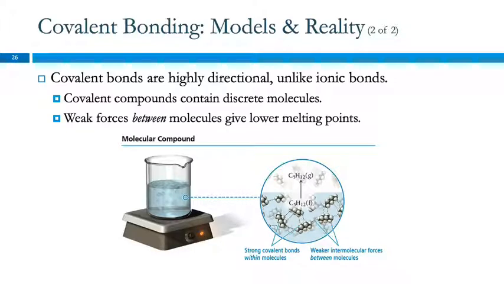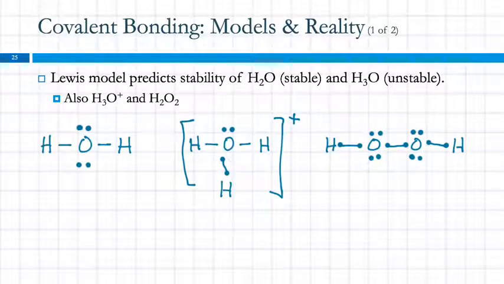So again, looking at reality, kind of like we did with the ionic compounds, covalent bonds are highly directional. Maybe let's just go back and look at this. So you see that the shared electrons between the oxygen and the hydrogen have to be between those two atoms. We can't have them off somewhere else. They have to be in that particular direction. If we move them, then we're probably going to break the bond.